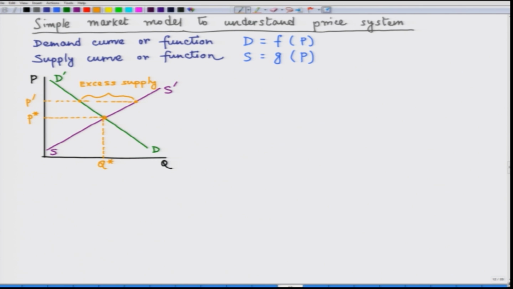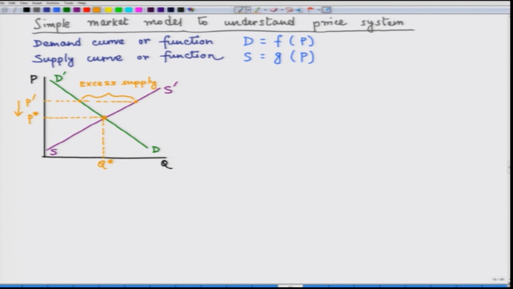This will create a negative or downward pressure on the price, and the price will fall because the seller will think that it is better to reduce the price a bit and sell some of the quantity rather than not selling it at all.